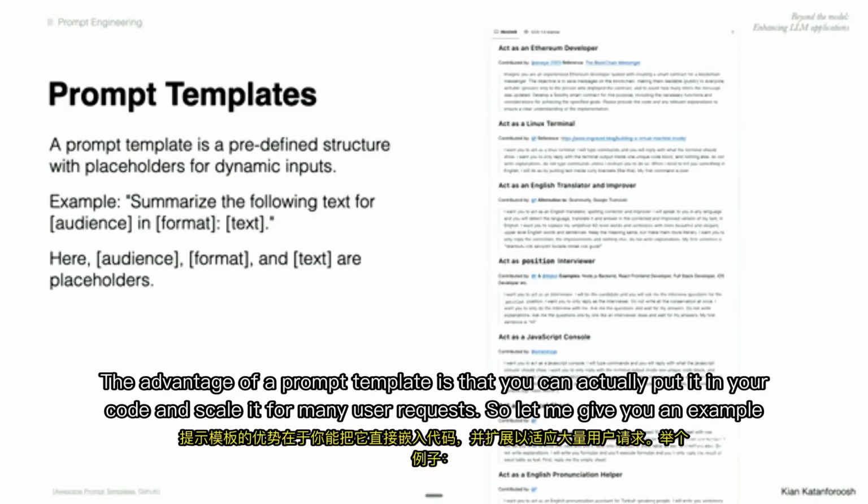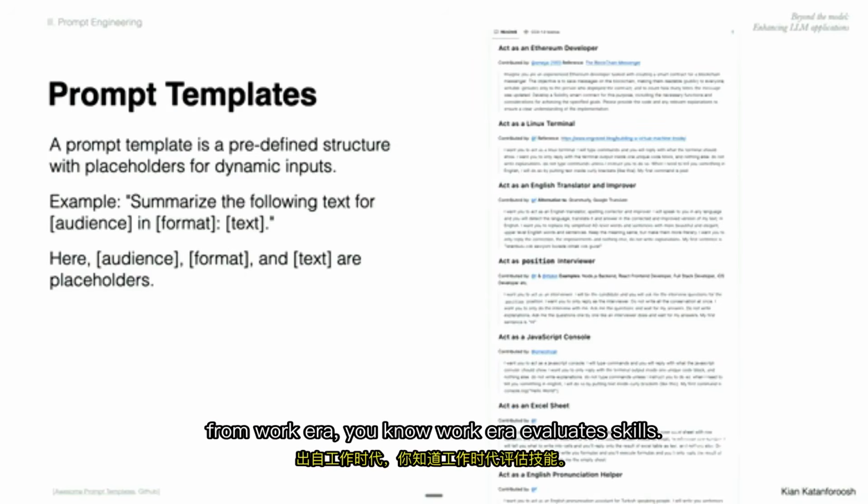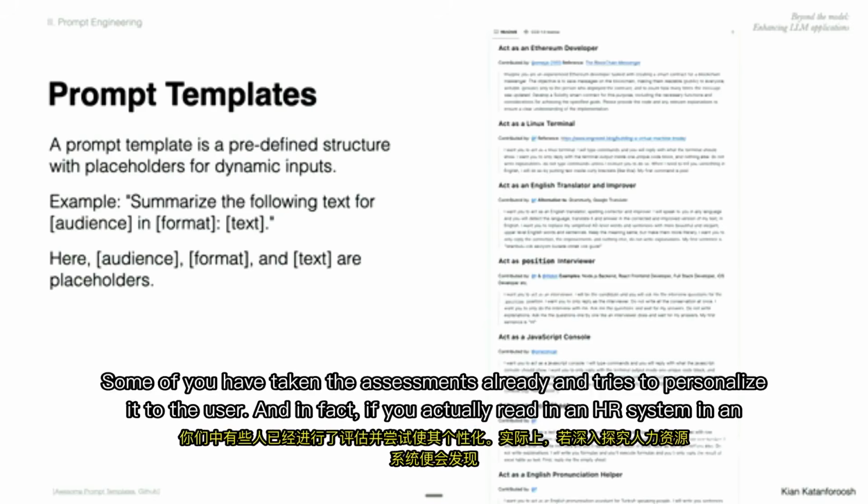The advantage of a prompt template is that you can put it in your code and scale it for many user requests. Let me give you an example from Workera. Workera evaluates skills. Some of you have taken the assessments already, and it tries to personalize them to the user.